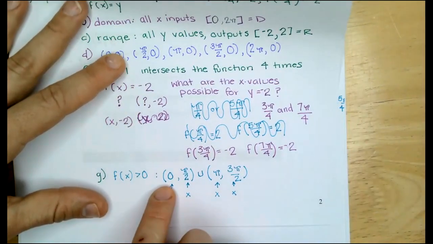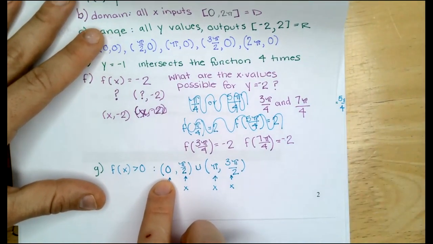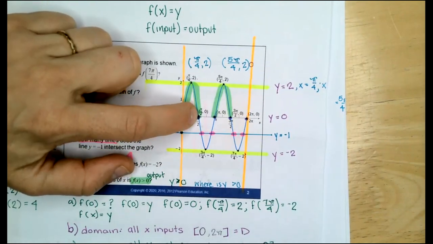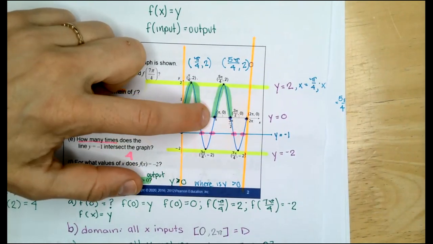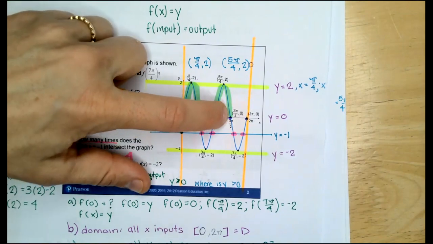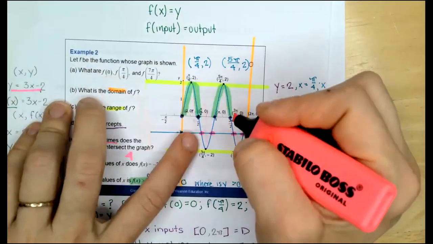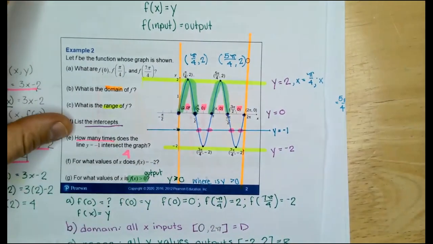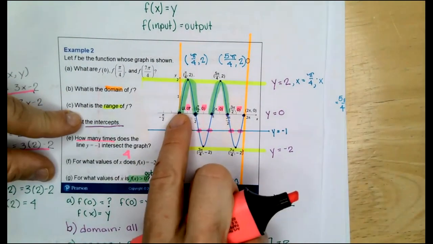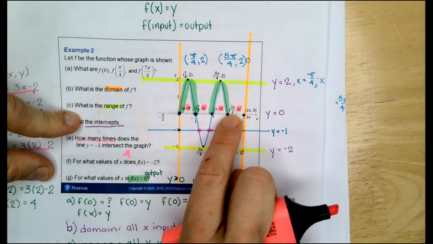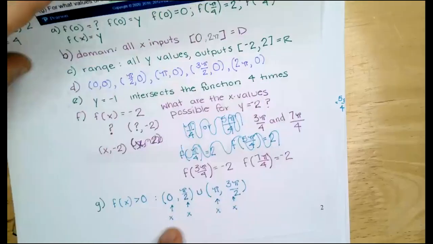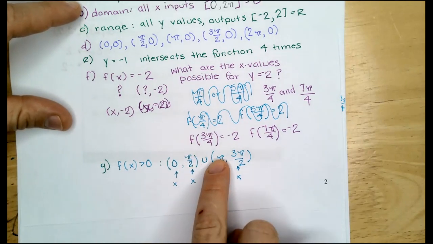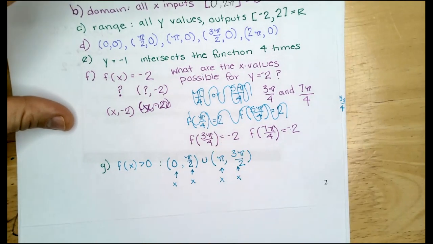But above 0, down here, it does not include 0, because 0 is actually equal to 0. Pi over 2 is equal to 0, pi is 0, and 3 pi over 2 is equal to 0. We want it where y is above 0, so we have to exclude the points 0, pi over 2, pi, and 3 pi over 2. We exclude those points, but we go from there to the next one. Okay?